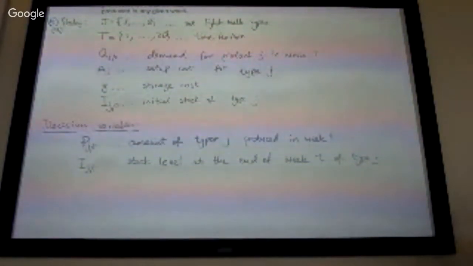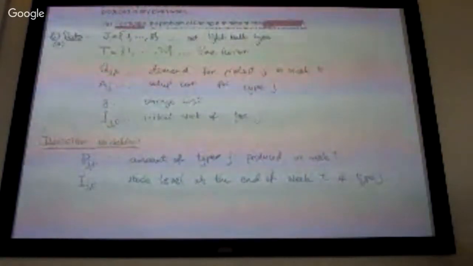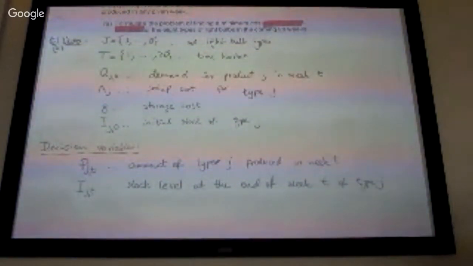Anything else we need? It's a binary variable, isn't it, for the setup constraint, whether or not we're producing in a week or not. I think we usually call them delta.